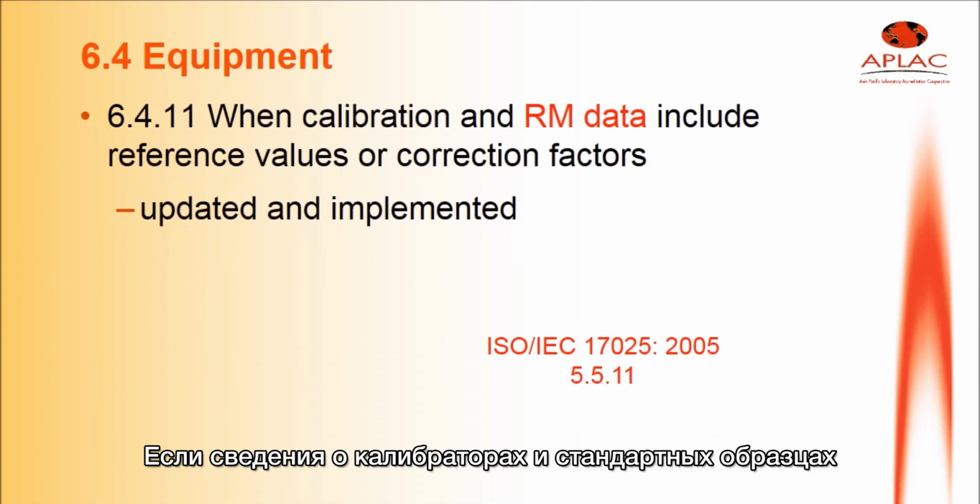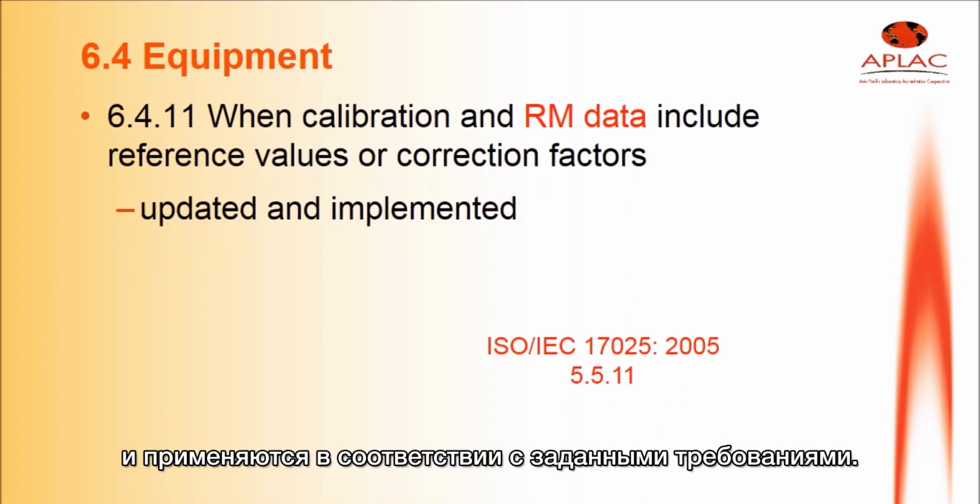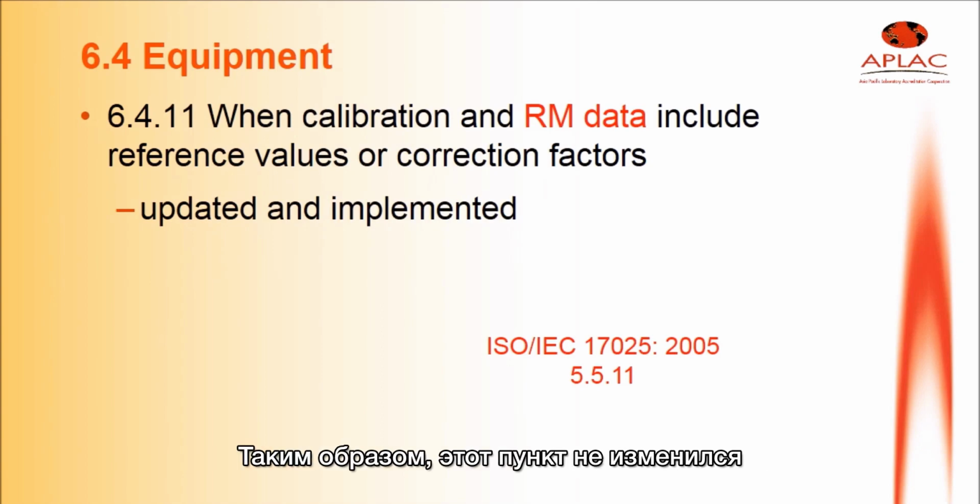When calibration and reference material data include reference values or correction factors, the laboratory shall ensure the reference values and the correction factors are updated and implemented as appropriate to meet the specified requirements. So this clause has no change compared with the 2005 version.